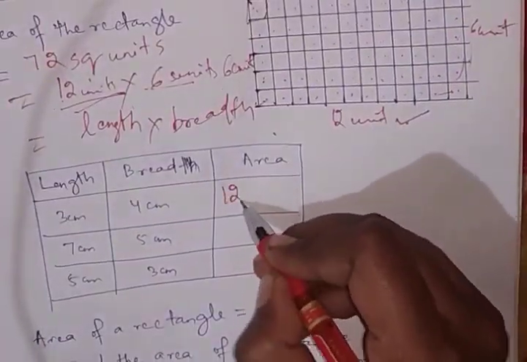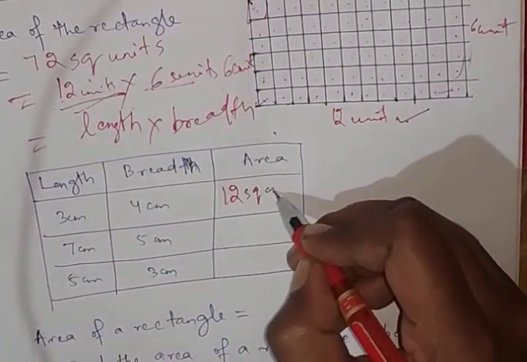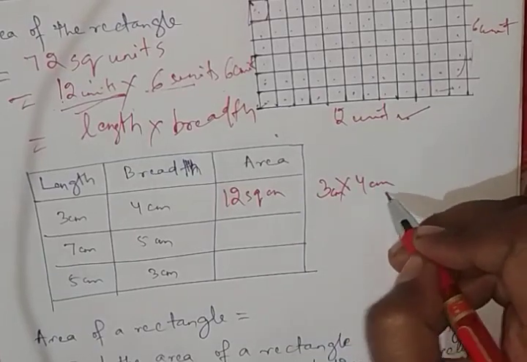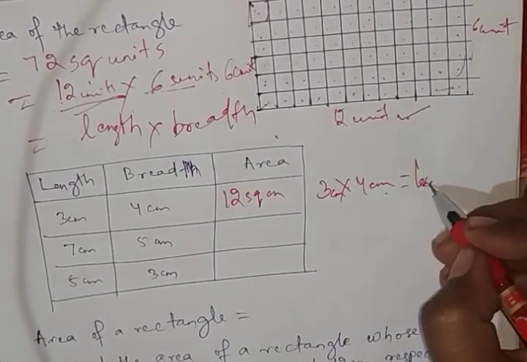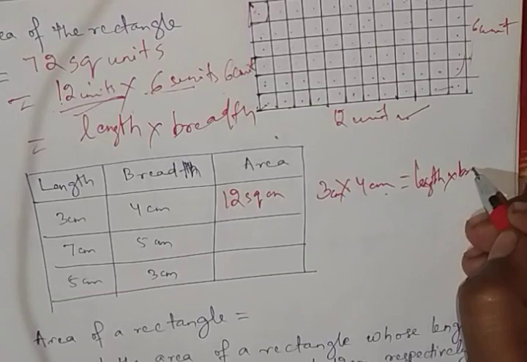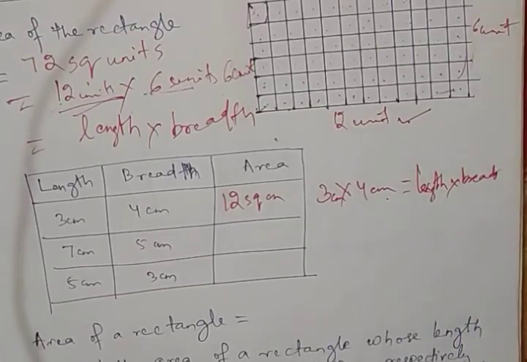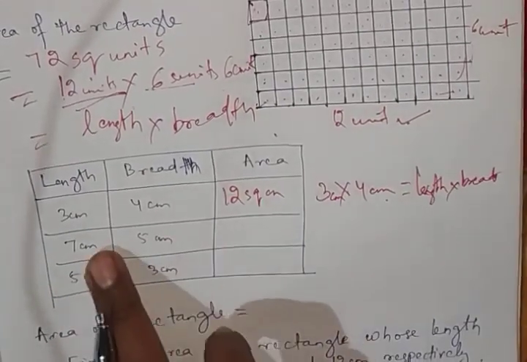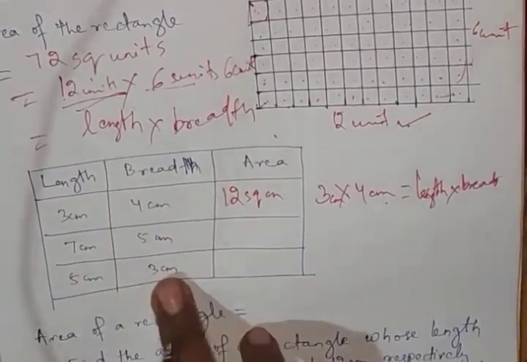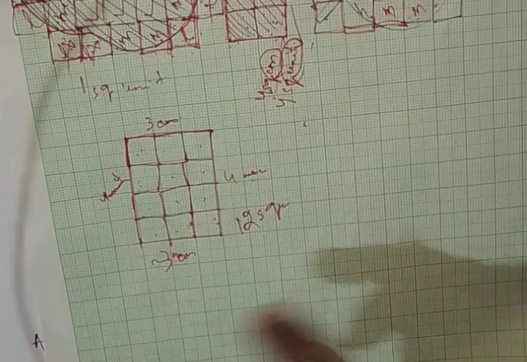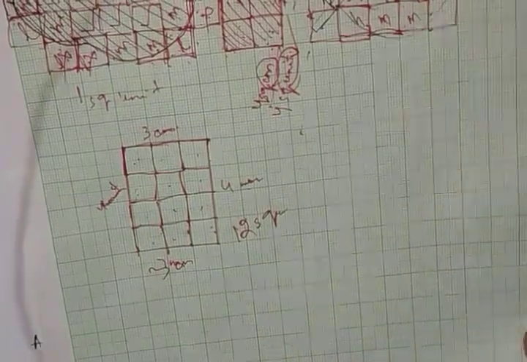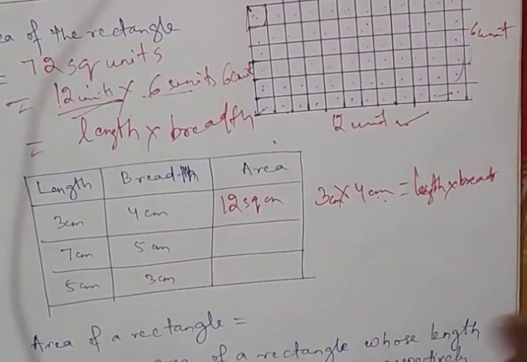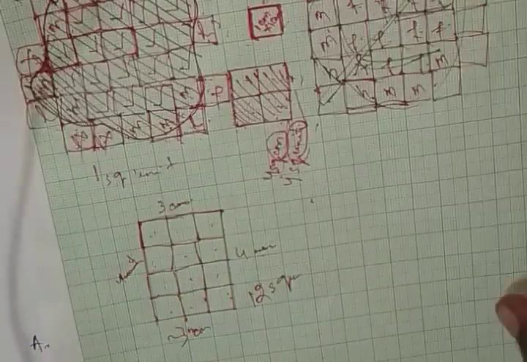So 3 centimeter into 4 centimeter means length into breadth. Like that you can find the area of a rectangle by putting it on graph paper, and 3 into 4 is 12, so you write 12 square centimeter.